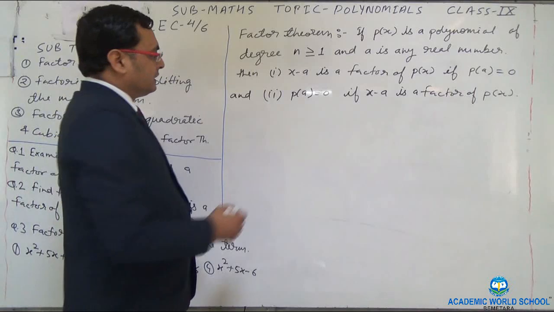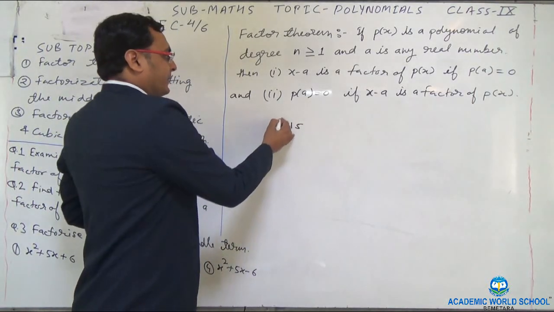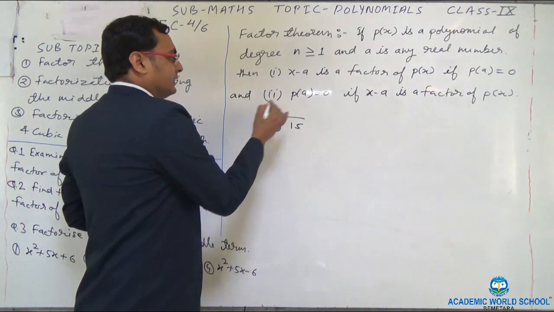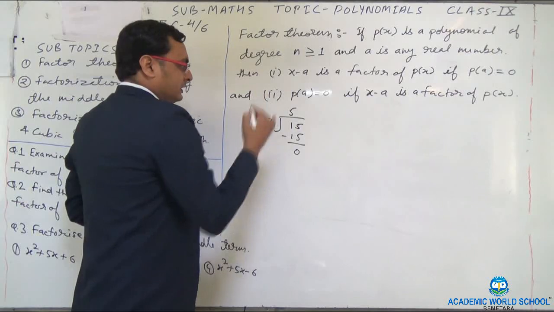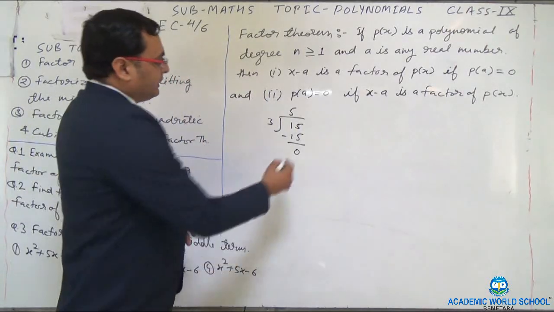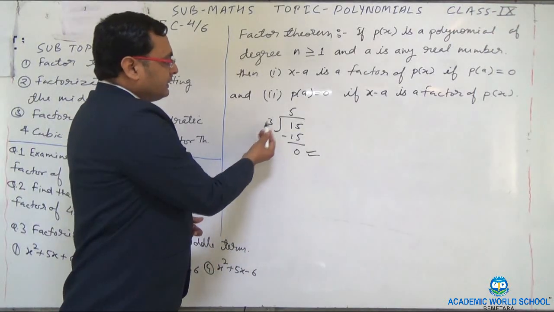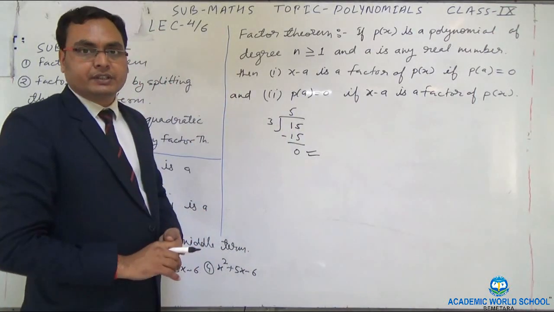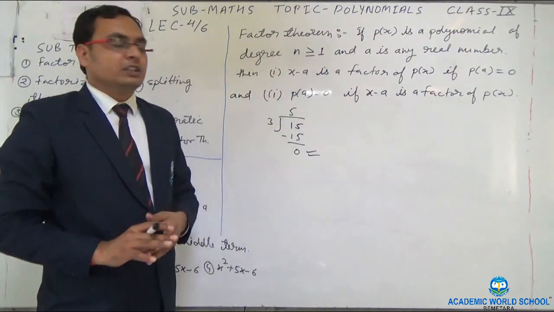Look at here. Suppose there is a number 15, we divide this 15 by 3, 3 5s are 15, the remainder is 0. Now as this remainder is 0, we will say that this 3 is a factor of 15. Same logic we have applied here to polynomials.